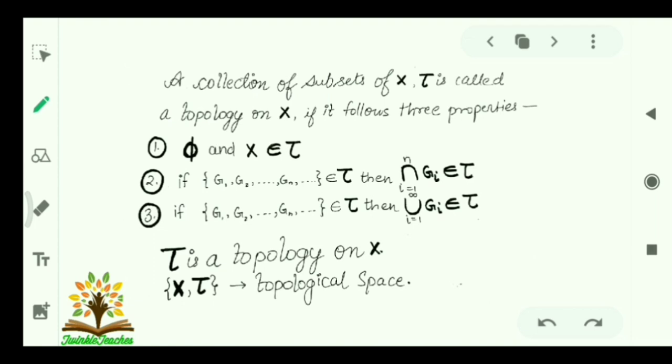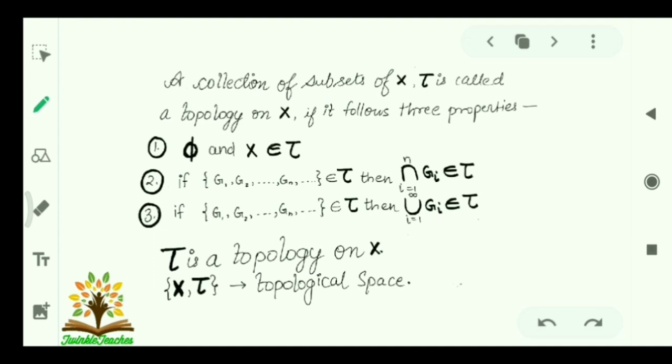The next property says that tau is closed under finite intersection. That is, if we collect a finite number of members from tau and take the intersection of them, then that will also belong to tau. Third property says that tau is closed under arbitrary union. That is, if we collect any number of members from tau, then their union should also belong to tau.